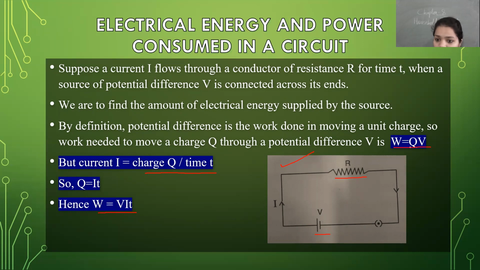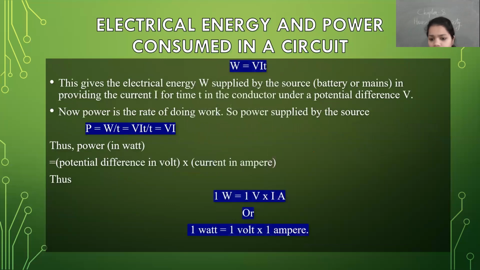Now in place of Q, if we put I into T, we get the formula: work done is equal to VI into T, where V is the potential difference, I is the current, and T is the time. We have got the formula W is equal to VIT. That is, it gives the electrical energy W supplied by the source in providing the current I for time t in the conductor under the potential difference V.